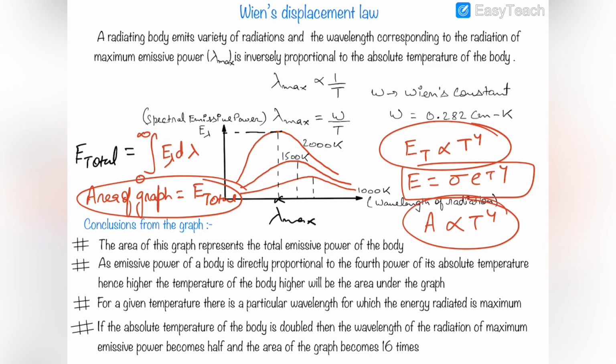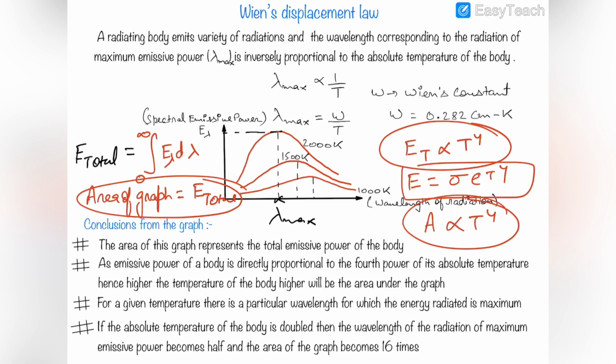The second conclusion is that the emissive power of a body is directly proportional to the fourth power of the absolute temperature, and therefore the area under this graph and wavelength axis is directly proportional to the fourth power of this absolute temperature.